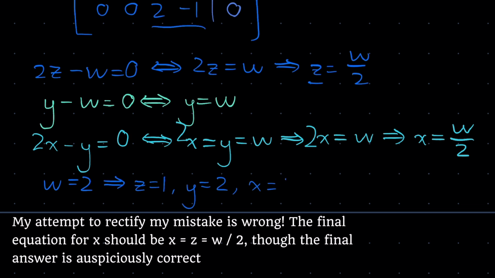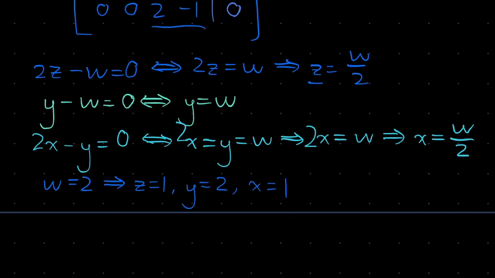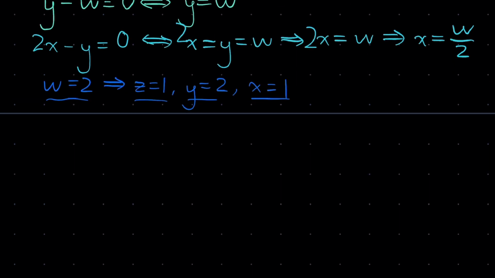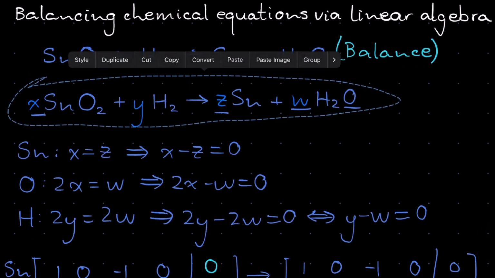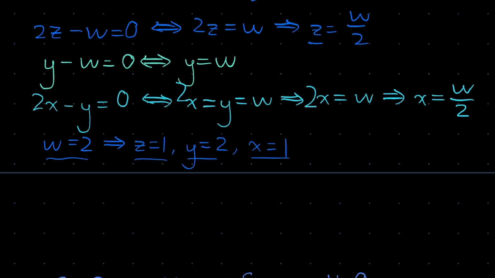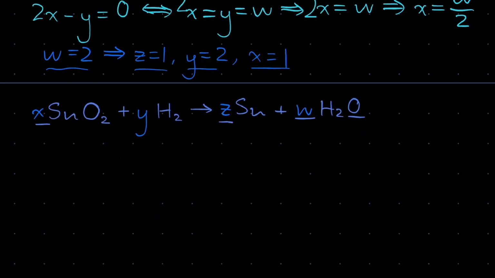So this means that x is equal to 1. Okay. We have all the values for our coefficients, and we can basically plug them in. And therefore, our previous chemical equation, let's duplicate this and put this over here. This is actually SnO2 plus 2H2, which makes 1 Sn, which is Sn itself, plus 2H2O.